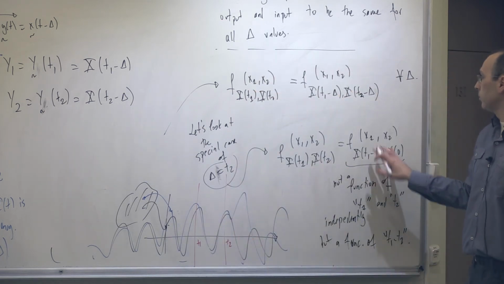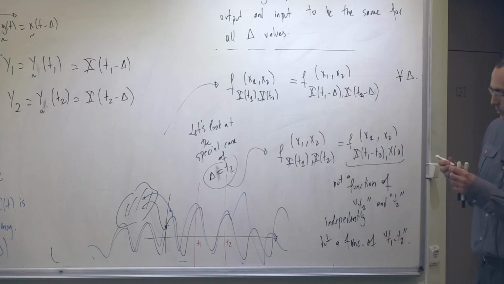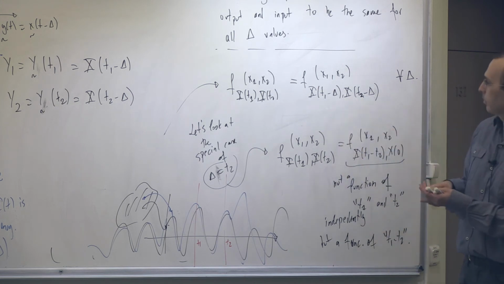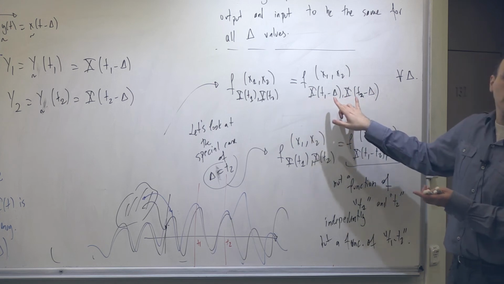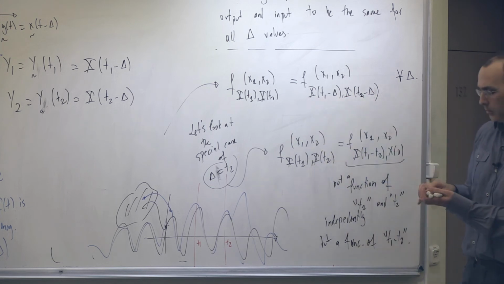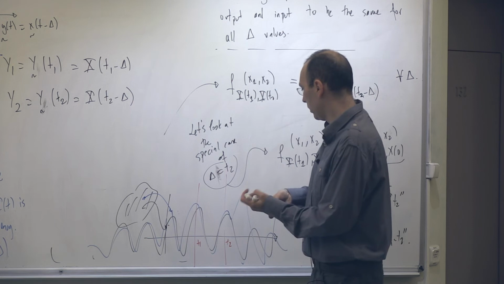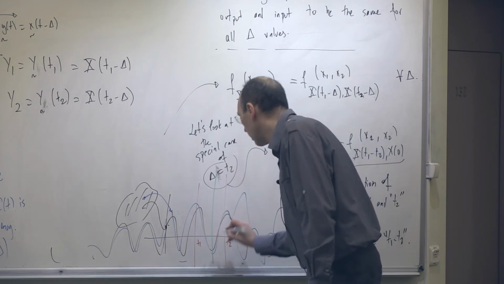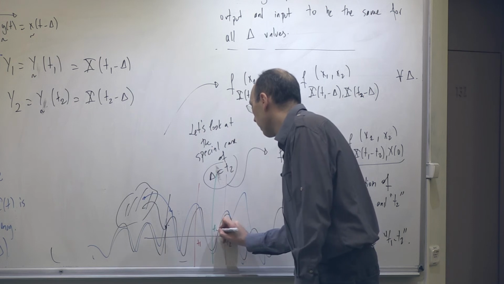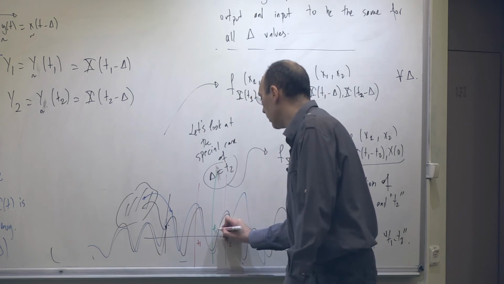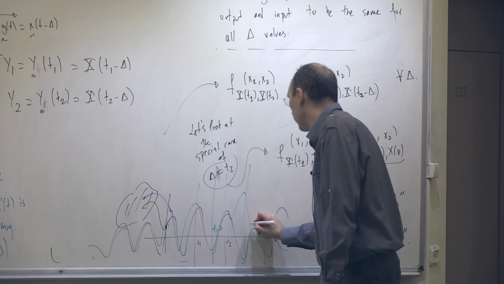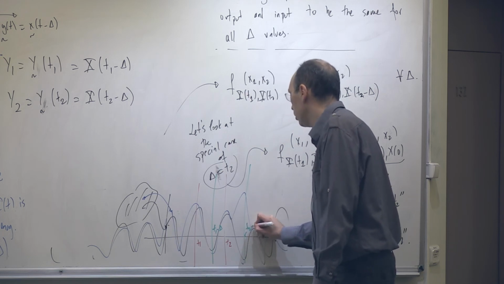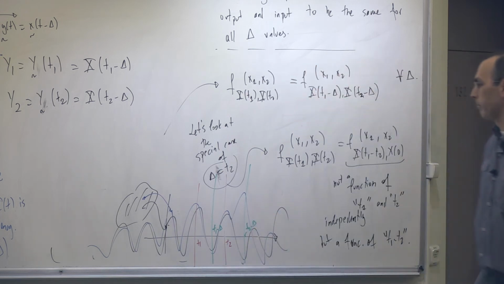The other one, this one, looks at two different time instance, but you see that they are just shifted by the same amount, delta. Okay, for example, if I shift towards this side, let's say, for the sake of simplicity. So this is, let's say, T1 minus delta. This part is T2 minus delta.